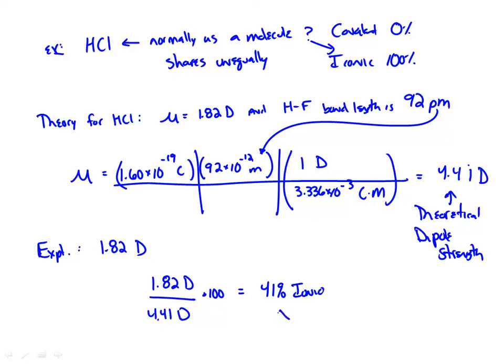The dipole is 41% of what a real ionic molecule would look like. So it's actually more covalent than ionic, because it's closer to 0% than 100%. We can do this for all sorts of molecules to determine whether things are more covalent or more ionic.